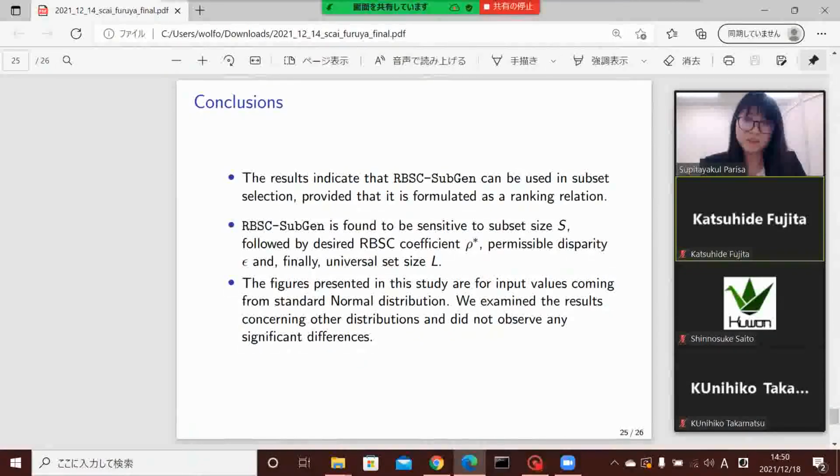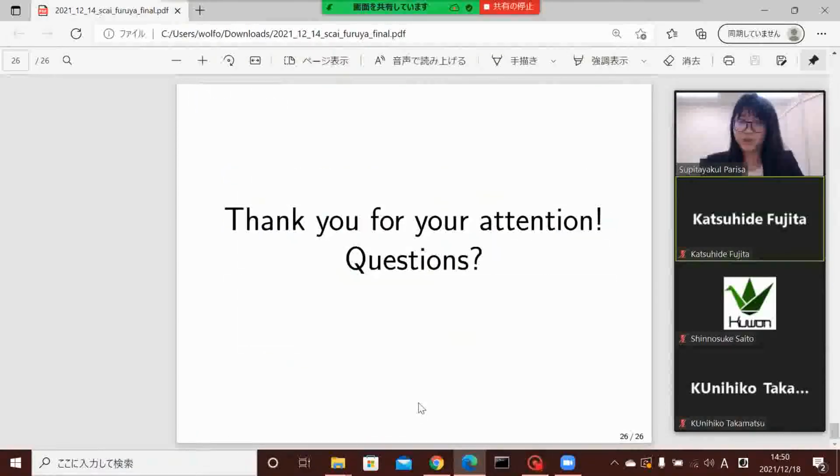RBSC subject is found to be sensitive to the subset size S, followed by the desired RBSC coefficient rho star, next the permissible disparity epsilon, and finally the universal set L. The figures presented in this study are for output values coming from the standard normal distribution. We also examined the results concerning other distributions and did not observe any significant difference. Okay, thank you for your attention.